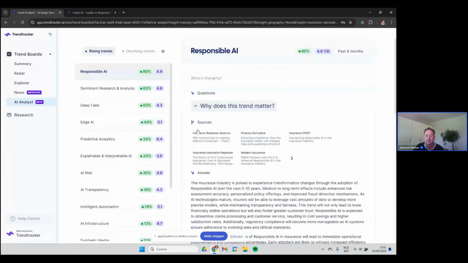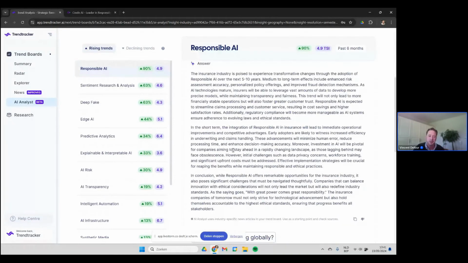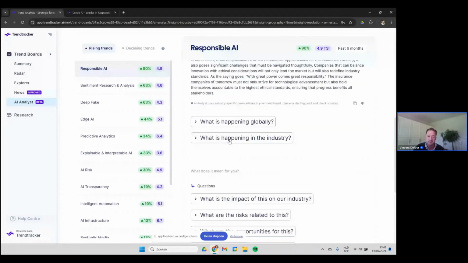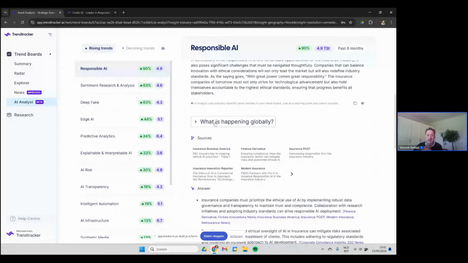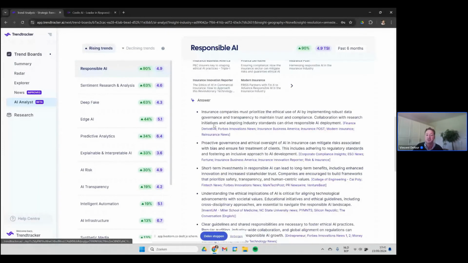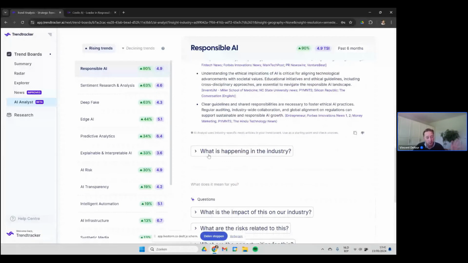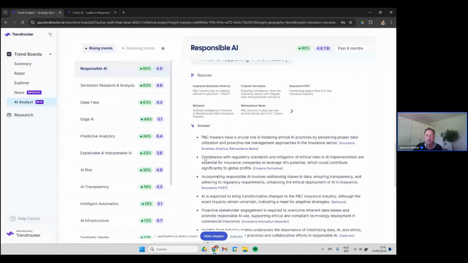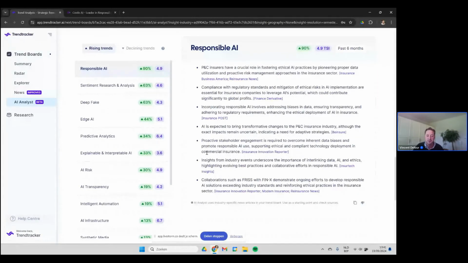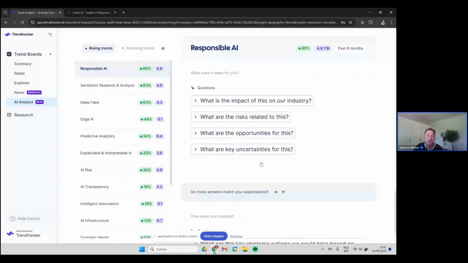Why does that really matter to us? You would get a management summary specifically for that trend. You would be able to see what's really happening at a global level. So what's really happening with responsible AI linked to insurance. Go even a level deeper, understand some use cases of how responsible AI is actually demonstrating itself within the industry.